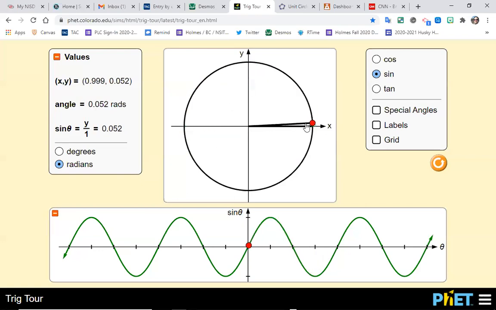And not only can we go in that direction, but I can come back to 0 and go in the negative direction. Remember that a negative angle is measured clockwise. So if you start here doing a negative angle, it's the same exact pattern. And again, I can keep going with coterminal angles as many times as I want.